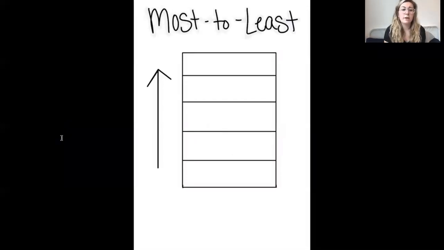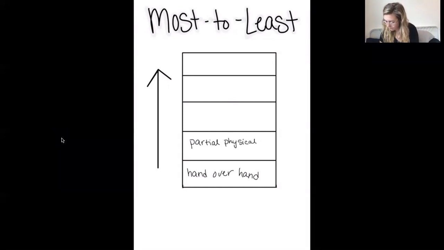Right. Next, we're going to talk about most to least. So Libby, Weiss, Stancroft, and Ahern in 2008 worked with children with autism on the target behavior of building Lego structures. The most to least method that they used went like this. It was hand over hand, partial physical at elbow, and they called that manual guidance.